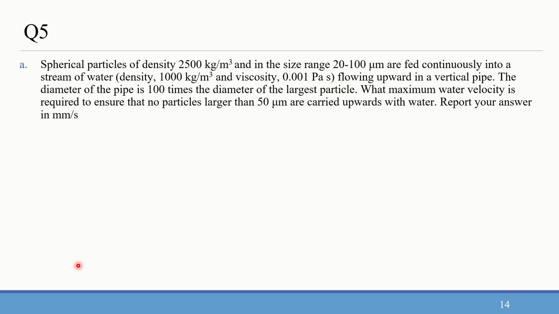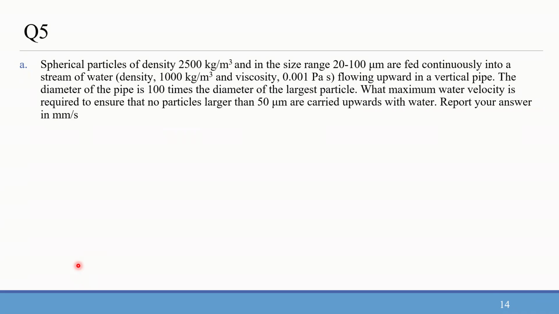So next is question 5, where we have spherical particles of density 2500 kg per meter cube and in the size range of 20 to 100 micrometer, fed continuously into a stream of water whose density is 1000 kg per meter cube and viscosity is 0.001 pascal second, flowing upward in a vertical pipe.